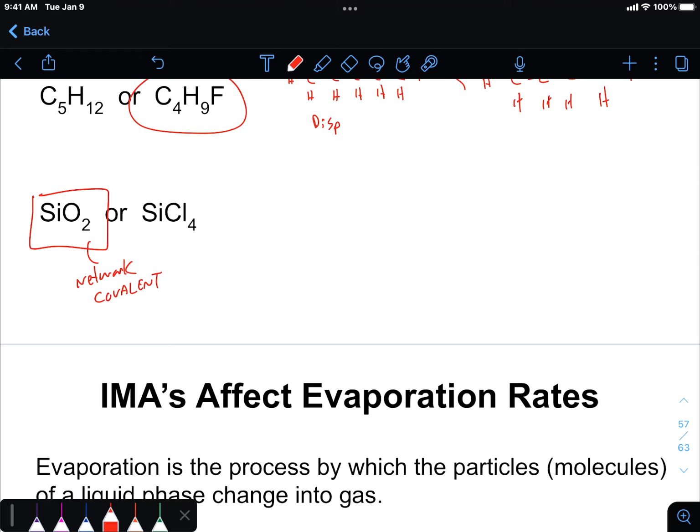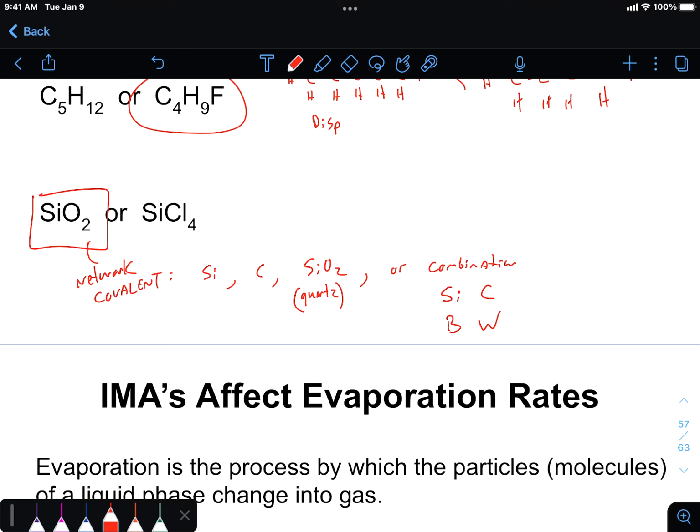So let's review what the network covalent combinations are. It could be either silicon by itself, carbon by itself, silicon dioxide, which is what this is. This has another name. It's called quartz. Or any combination of these guys.